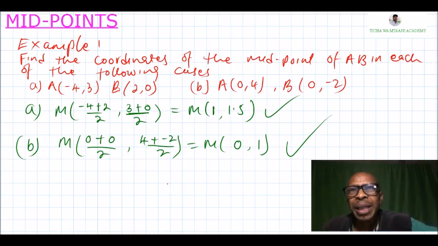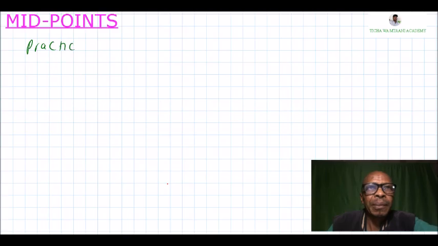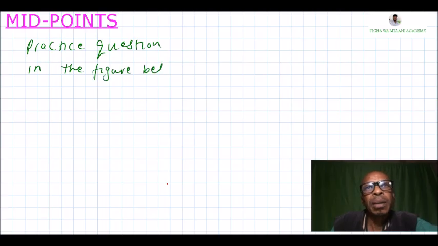You can check on other questions from your textbooks, and you will be able to find the midpoint of a vector. Now I give you a practice question. You can try this, and we are told in the figure below, OAB is a triangle.